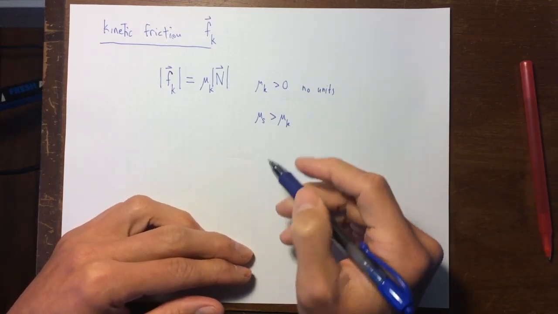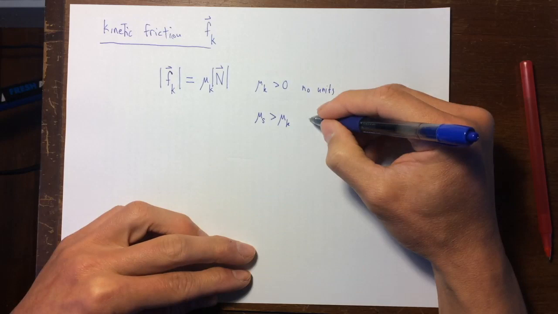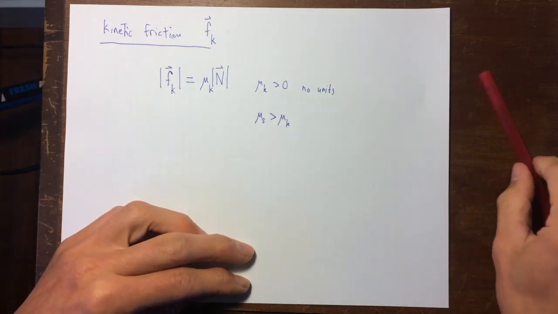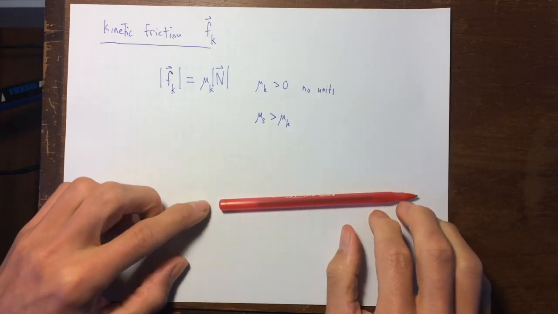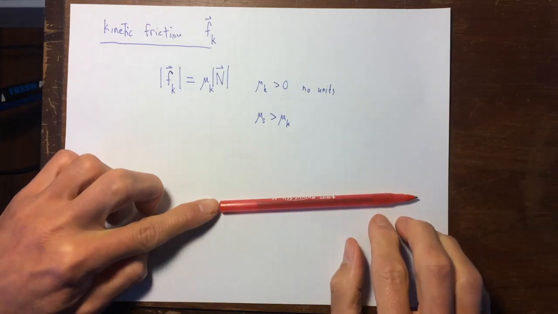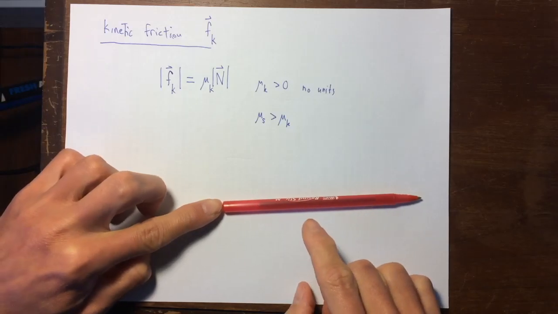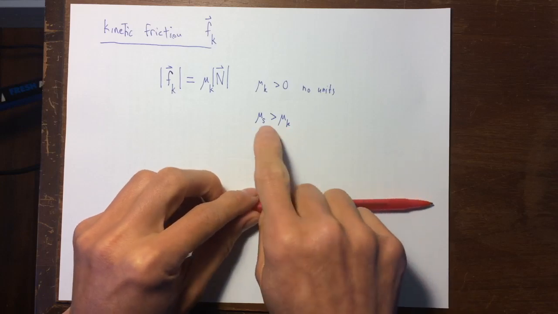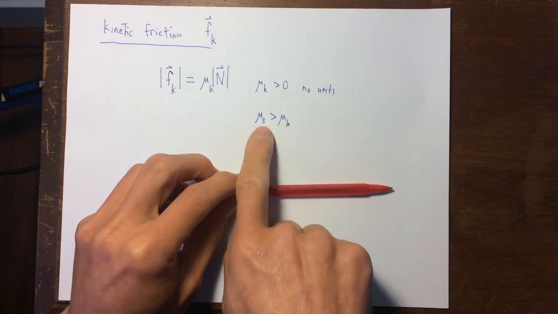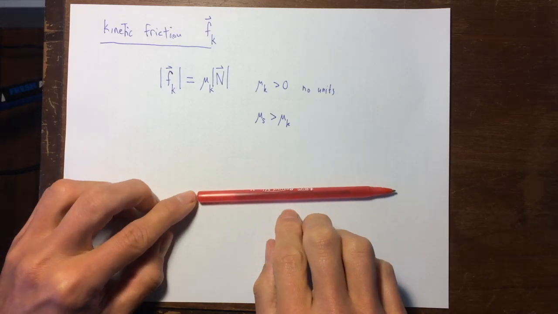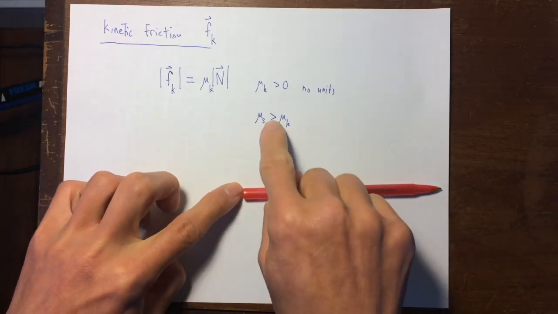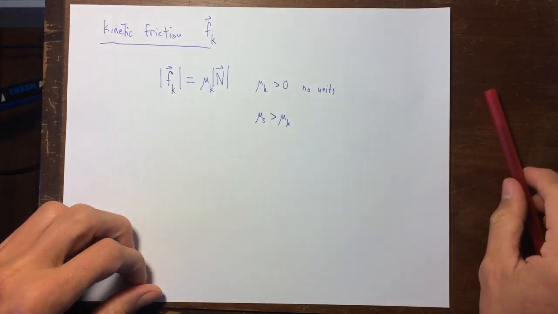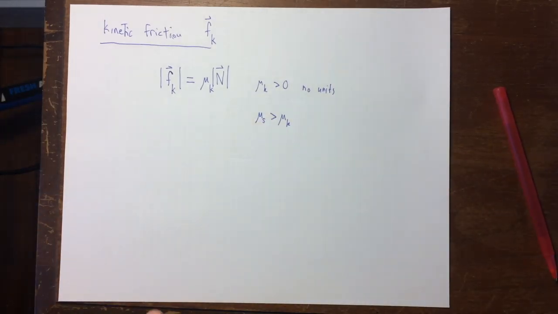But mu sub s is bigger than mu sub k. I don't know if you've ever noticed, but anytime you try to cause something to slide, you have to add force, and then there is a point at which the thing breaks free. And that breaking free, going from static to kinetic, is kind of violent. It's like it pops free, and that's the origin of mu sub s being bigger than mu sub k. I'm not explaining that very well, but that's the idea.